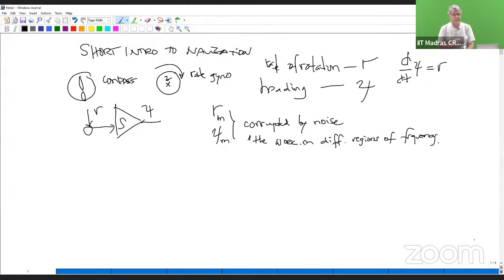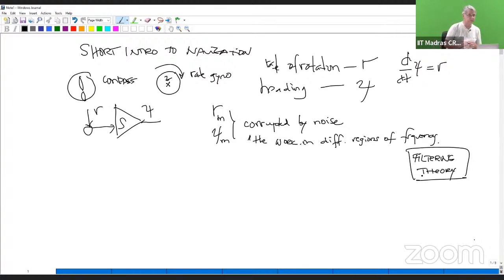Now, something that is very important. The word behind all of this is sometimes called filtering theory. Filtering theory.